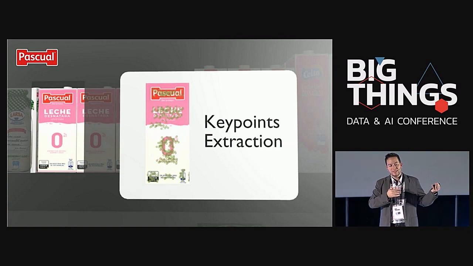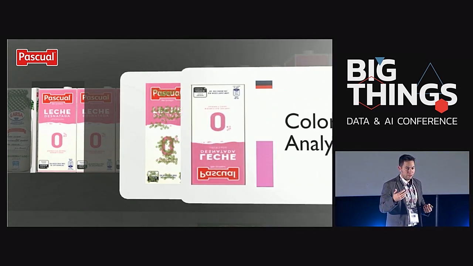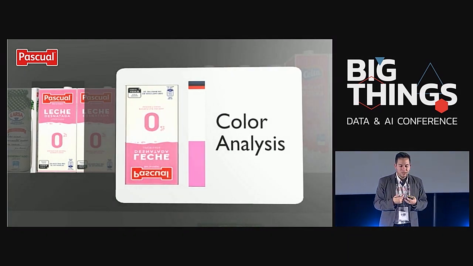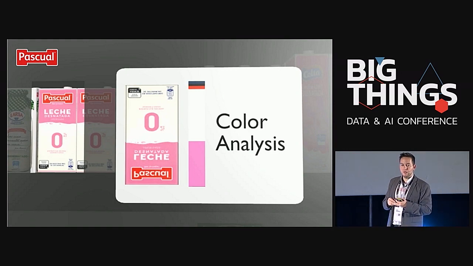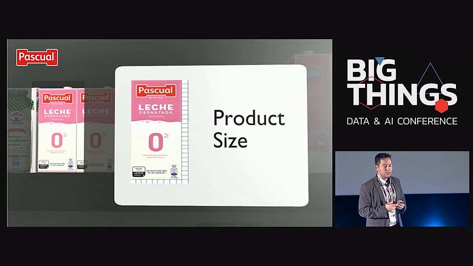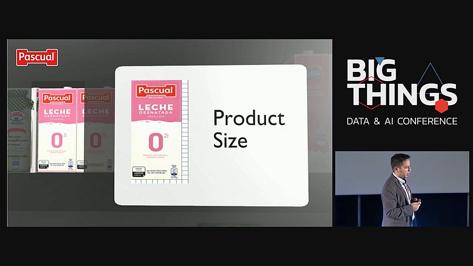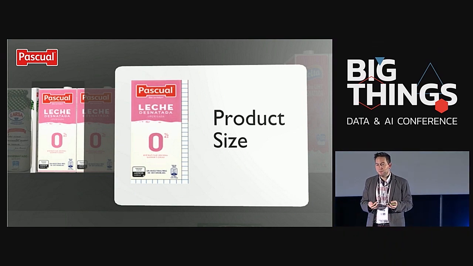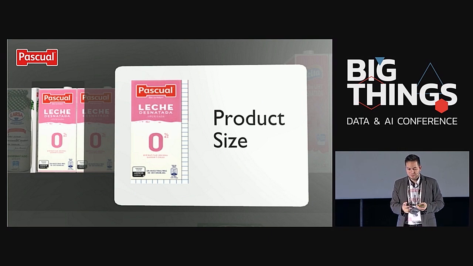That's something I started the talk with. So in this case, what we are going to get is the key point extractions, okay? I'll take some image considerations. I'll take the color into consideration, and I'll also check the size, because it's possible to get the same product but at a different scale.